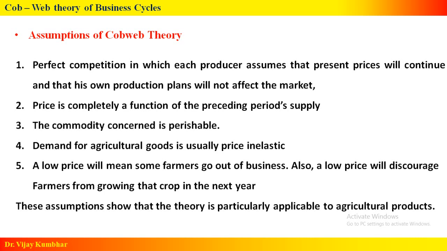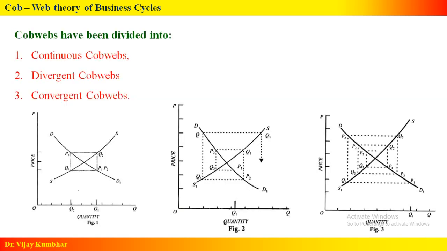This assumption shows that the theory is particularly applicable to agriculture products or the agriculture sector. Hence, we can say that the cobweb theory is mainly focused on the farming or agriculture sector.